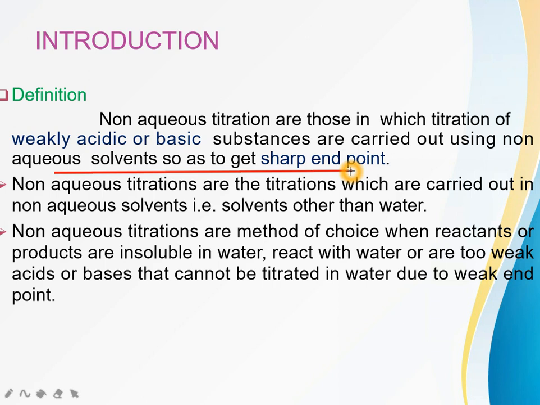Because when they choose other titrations they will not get a sharp endpoint, so they opt for the non-aqueous titrations. Another definition is that non-aqueous titrations are titrations carried out in a non-aqueous solvent. Non-aqueous solvent means a solvent other than water.